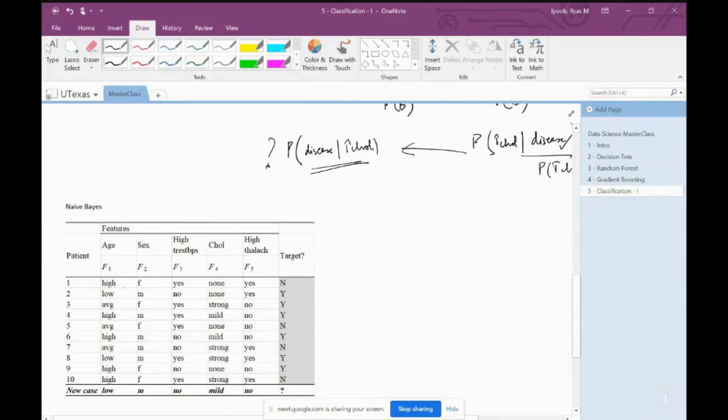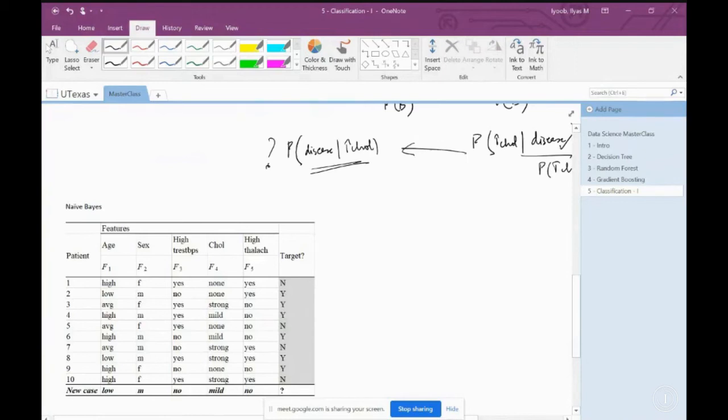Let's go to the first row. This patient is high in age, meaning an older person. It's a female. They have a high resting blood pressure. They don't show any signs of high cholesterol, and their heart rate is high. This person did not have the disease. And it's the same for every row.